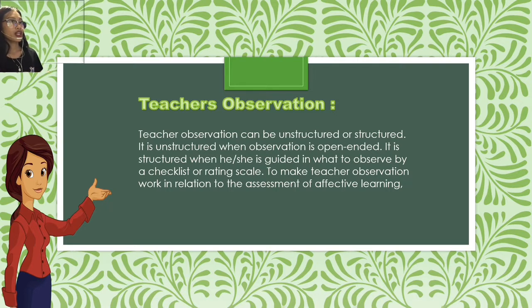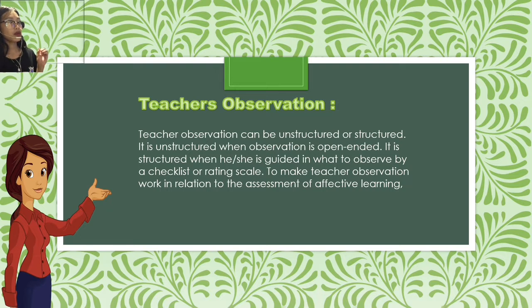Structured observation is different from unstructured because more time is needed for the preparation of the materials and the process of recording the observation. Structured observation involves the use of checklists, rating scales, and rubrics.